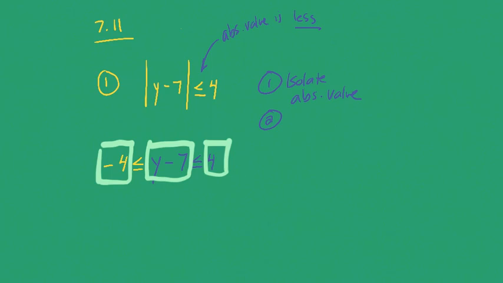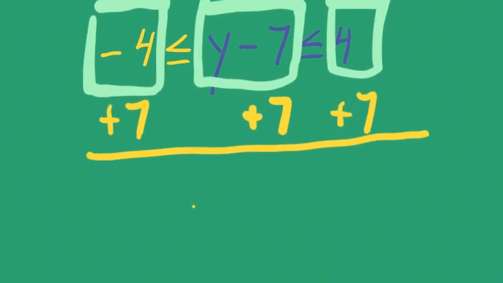So to get the y by itself, we're going to add 7, and make sure you add 7 in all 3 sections. We bring down the inequality symbol. Here, -7 and +7 cancel, and we're left with y in the middle. 4 plus 7 on the right, -4 plus 7 on the left, and we've got 3 is less than or equal to y, which is less than or equal to 11.